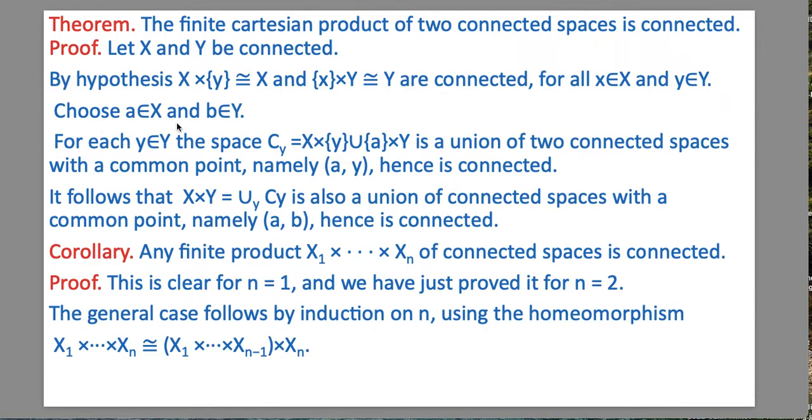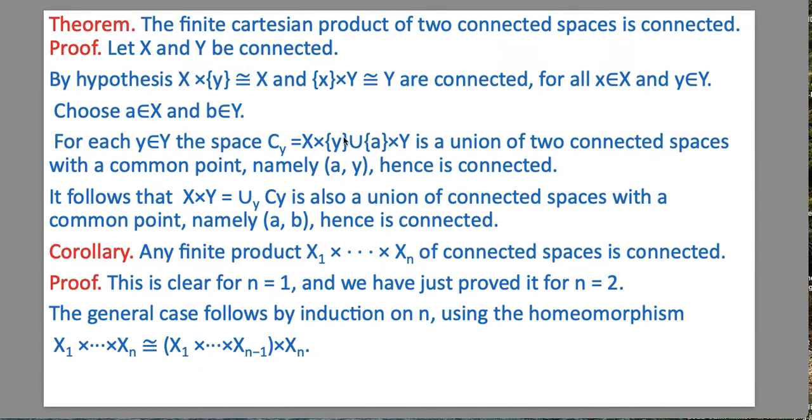Suppose a belongs to X and b belongs to Y. For each y belonging to Y, the space C_y, which is the union of X cross singleton {y} and singleton {a} cross Y, is a union of two connected spaces with a common point (a, y).